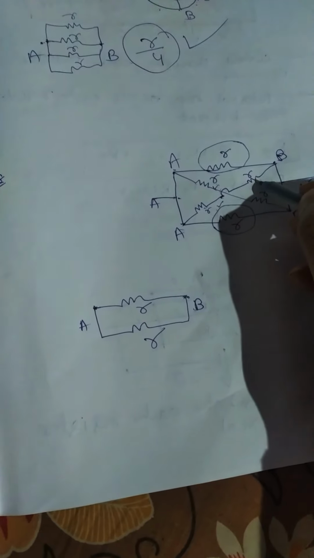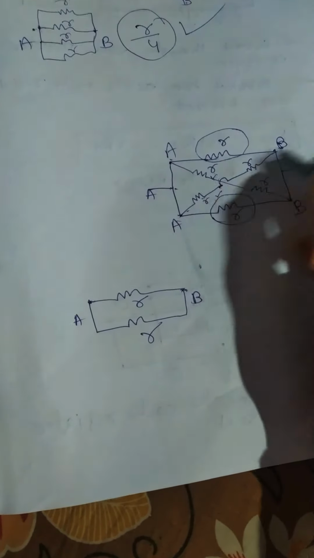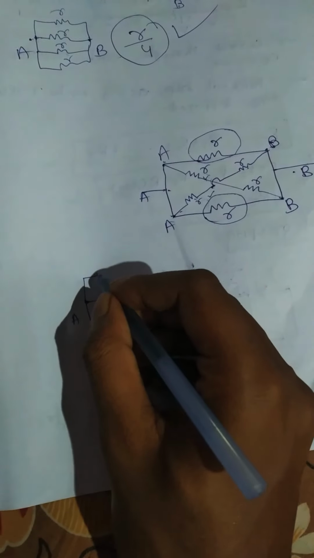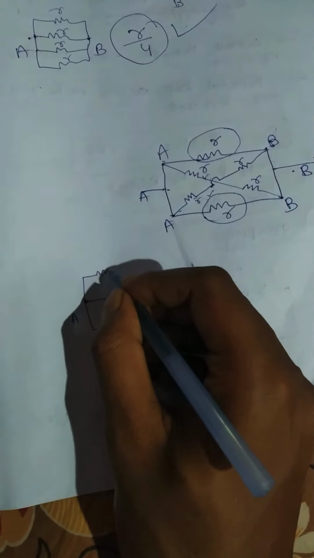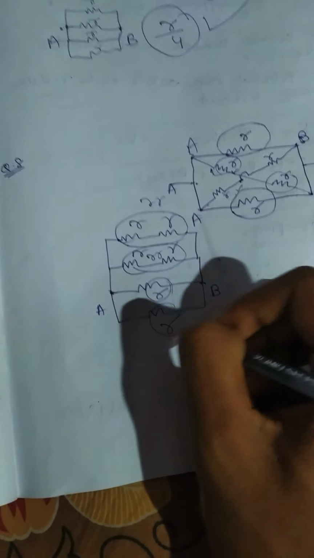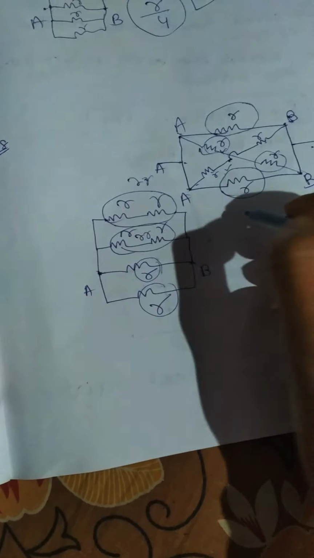These R and R are connected between A and B. This R and R are connected between A and B. So this is 2R, this is 2R, and this is R. So these are in parallel.